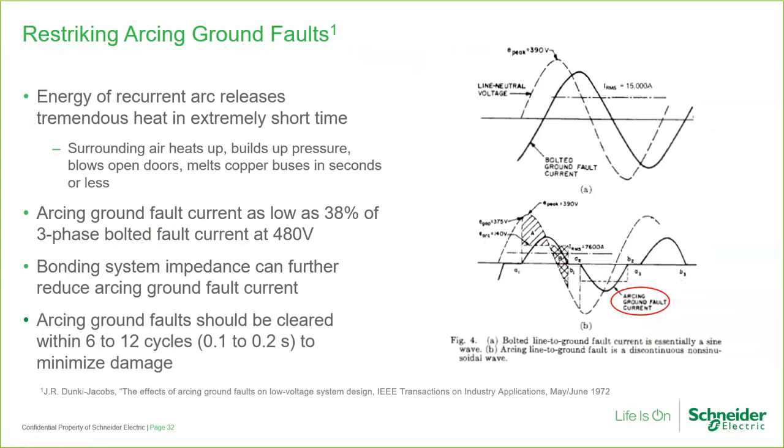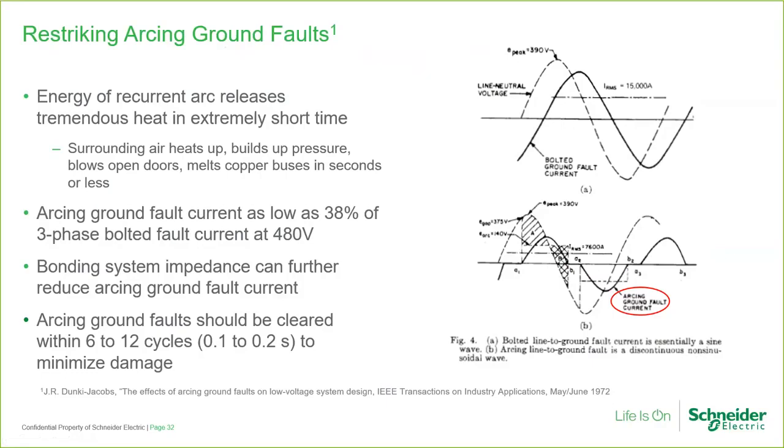Once the arc hits zero current, the pulse stops conducting and the arc is quenched. During the next half cycle of the negative voltage waveform, the cycle is repeated but on the negative side and another pulse of current is created.